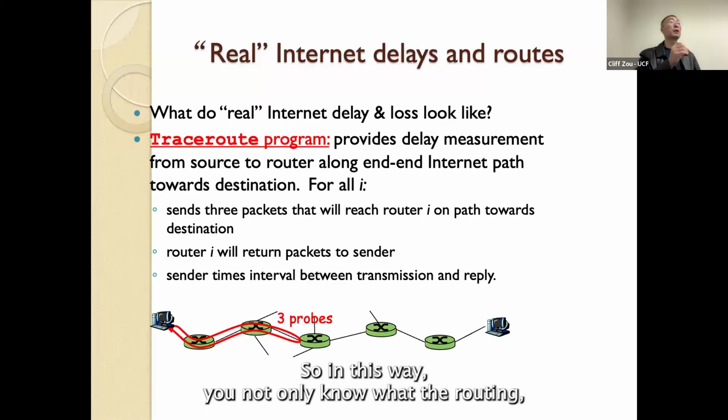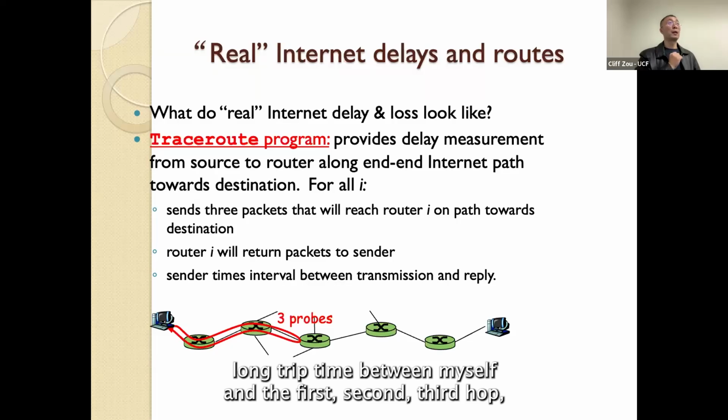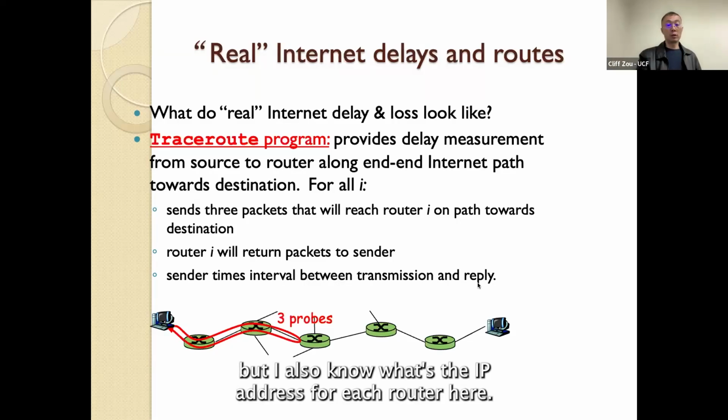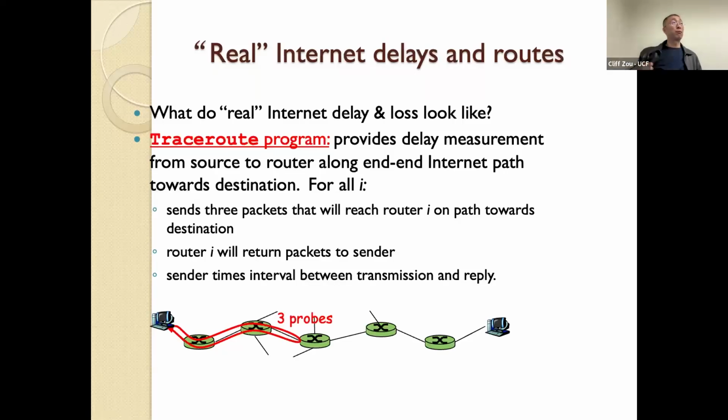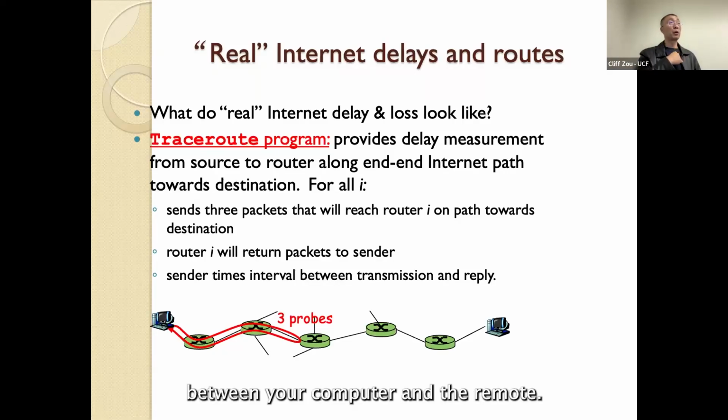In this way, you not only know the round trip time between myself and the first, second, third hop, but I also know the IP address of each router. Then you can figure out the actual physical path for your packet to travel between your computer and the remote destination computer.